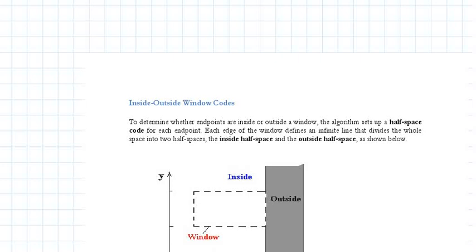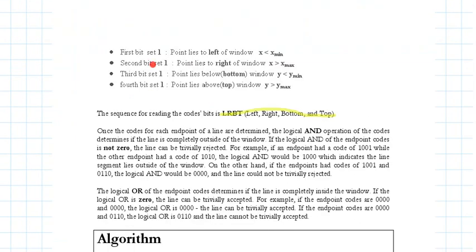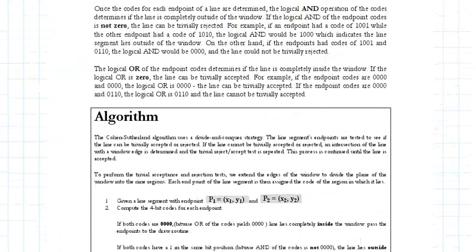Yes, inside-outside window codes can be generated by following the procedure which I have discussed until now. Next, our goal behind this algorithm is to clip the line. This can be achieved by using the LRBT codes for the endpoints of the line.